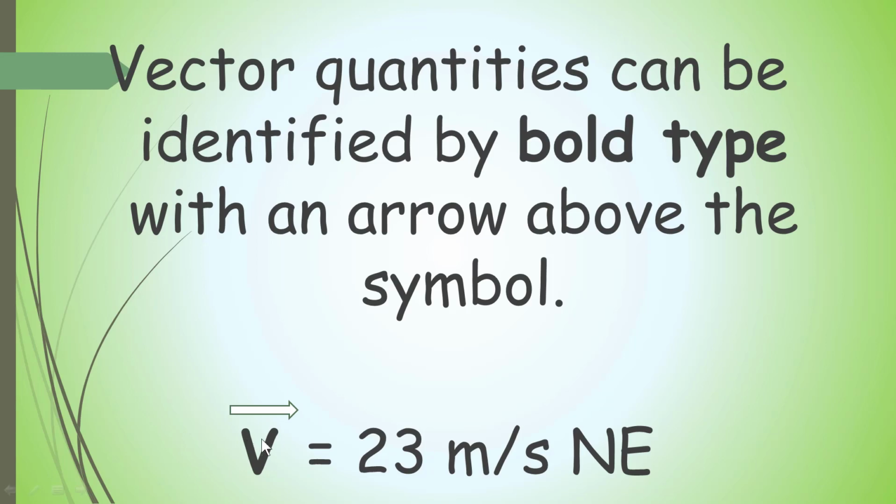For example, this velocity is shown over here, v with an arrowhead on the top. This is equal to 23 meters per second, magnitude, northeast. The direction is northeast. So velocity with magnitude as well as direction, this is the complete specification of a vector.